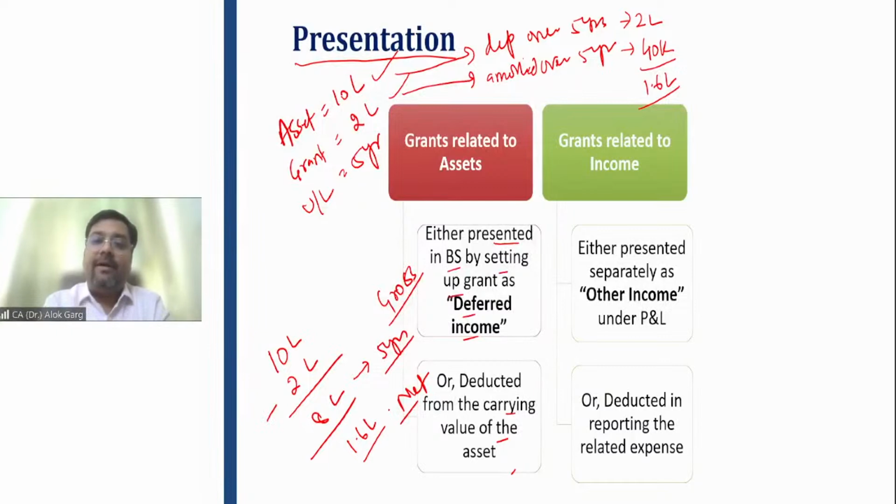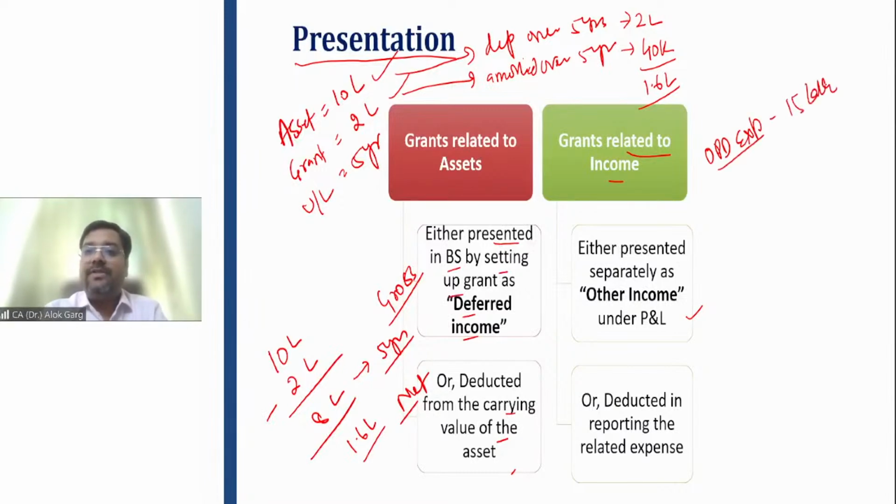Grant related to income. As far as grant related to income is concerned, the entity has to either present it separately as other income under P&L. For example, the OPD expenses every month are 15 lakh rupees, and the government is giving a government grant of 10 lakh rupees.